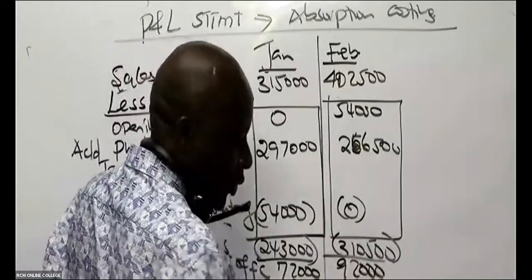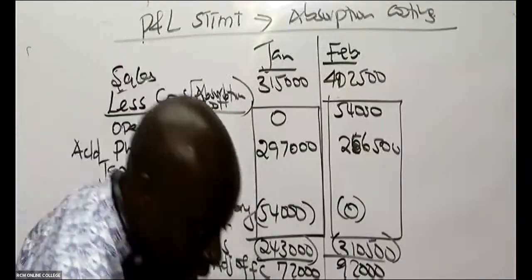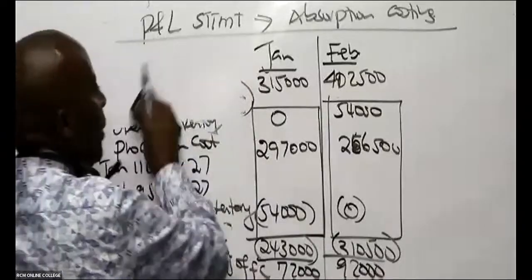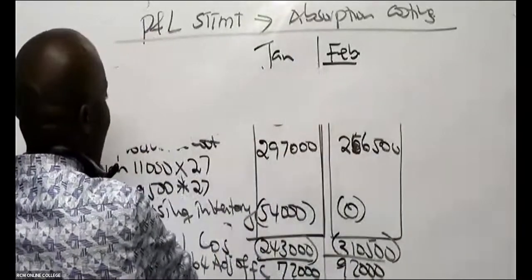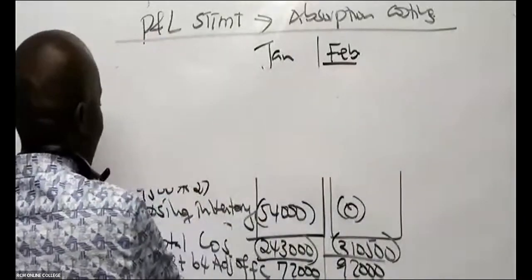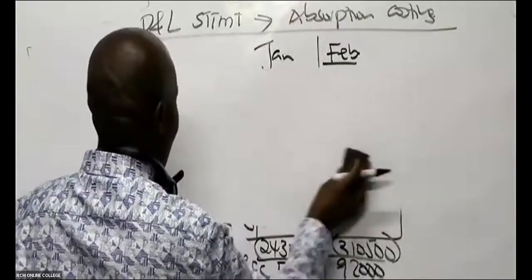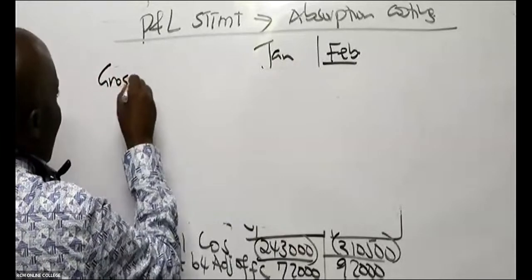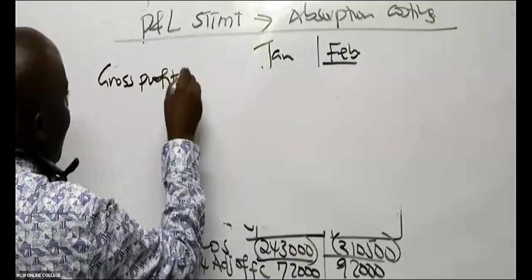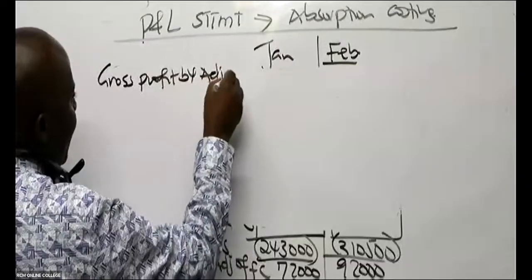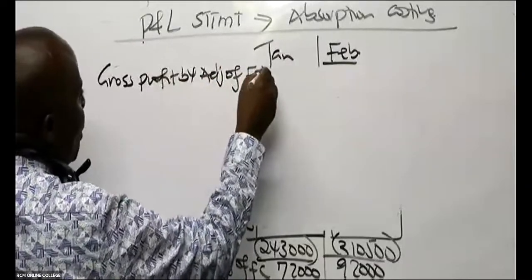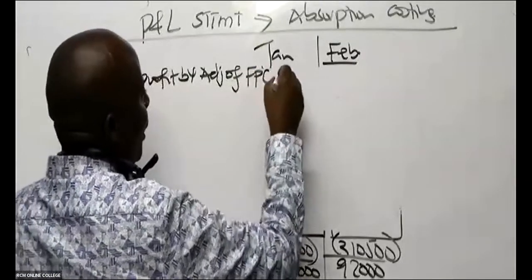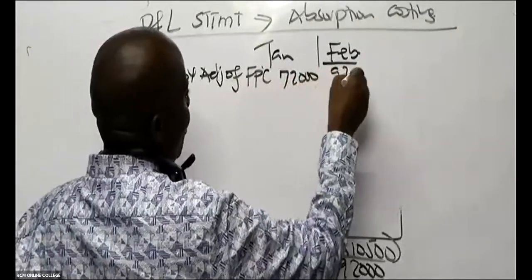So we have gotten, ladies and gentlemen, gross profit before adjustment of fixed production overheads or costs. 72,000, 92,000.